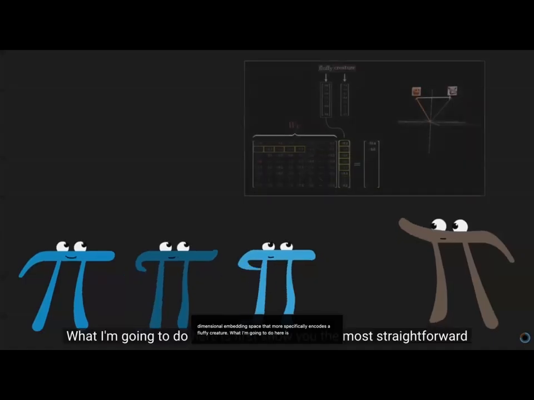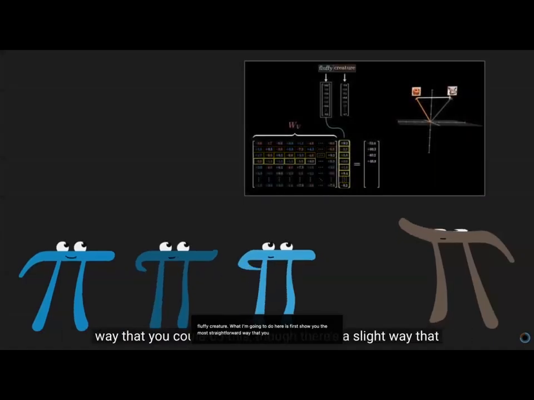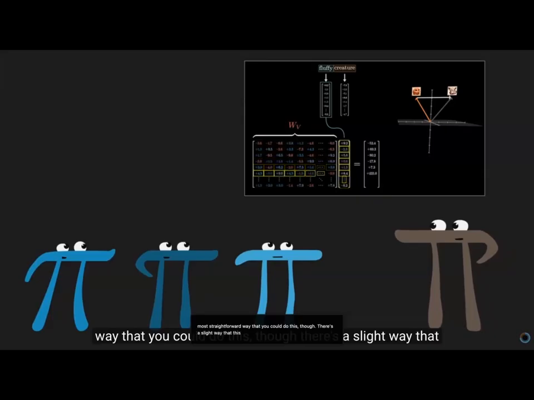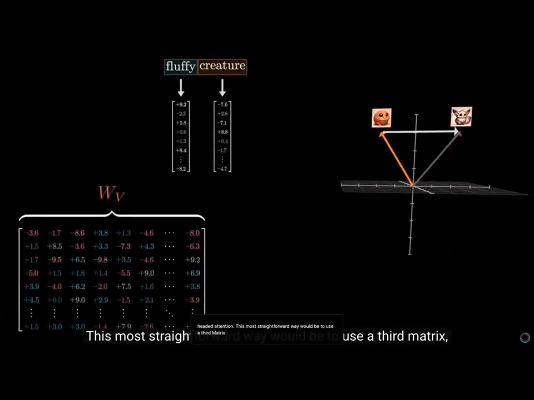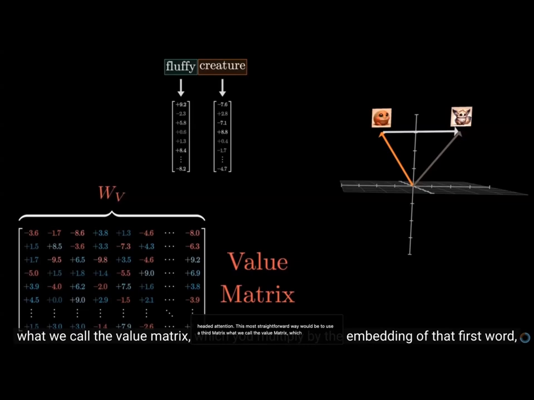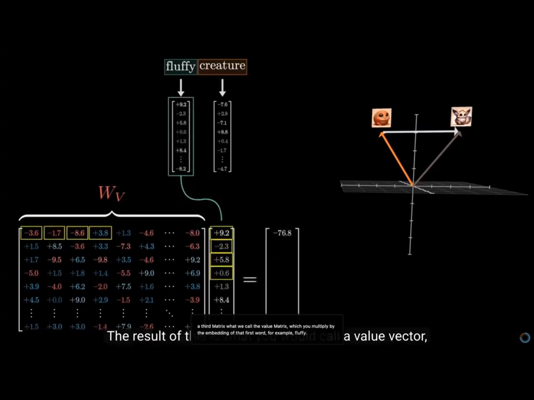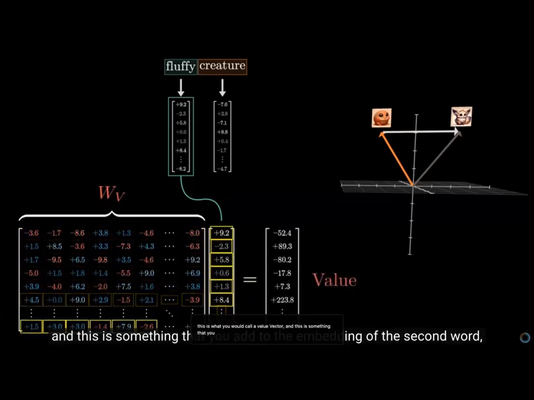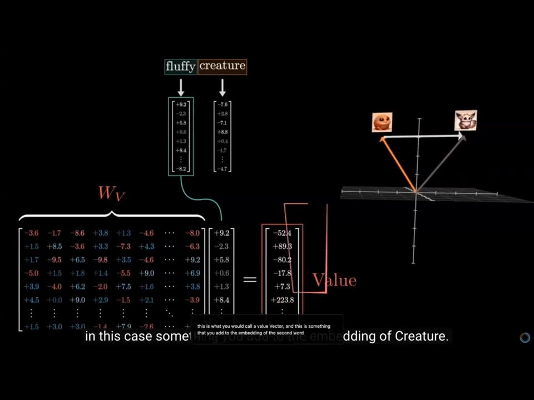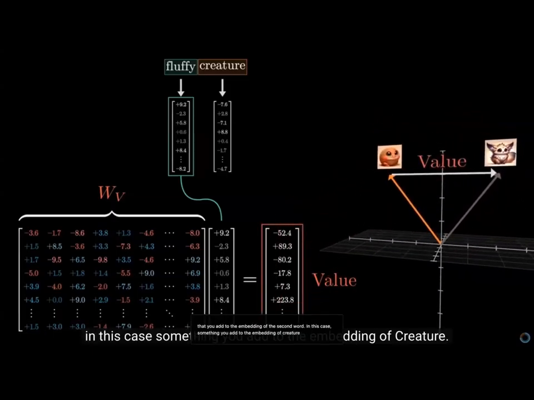What I'm going to do here is first show you the most straightforward way that you could do this, though there's a slight way that this gets modified in the context of multi-headed attention. This most straightforward way would be to use a third matrix, what we call the value matrix, which you multiply by the embedding of that first word, for example, fluffy. The result of this is what you would call a value vector, and this is something that you add to the embedding of the second word, in this case, something you add to the embedding of creature.